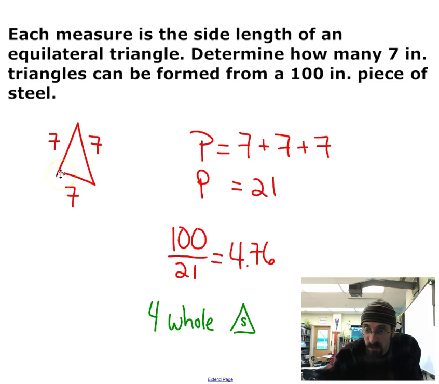How much steel is needed to make one of these triangles? Well, perimeter, side plus side plus side. 7 times 3 is 21. Well, if you have 100 inches of steel and it takes 21 inches per triangle, when you divide those, you get 4.76 triangles, which means 4 whole triangles because you can't make a part of a triangle.